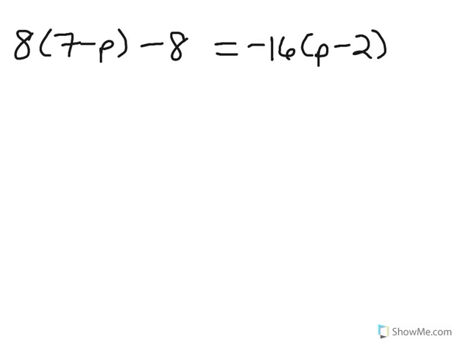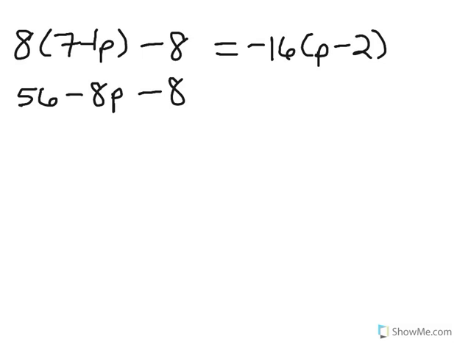Well, if you remember that we can get rid of these parentheses using the distributive property, give yourself full points. On the left side, we need to take 8 times every number that's inside the parentheses. 8 times 7 is 56. 8 times negative p, remember that's a 1 there. 8 times negative 1p is negative 8p.